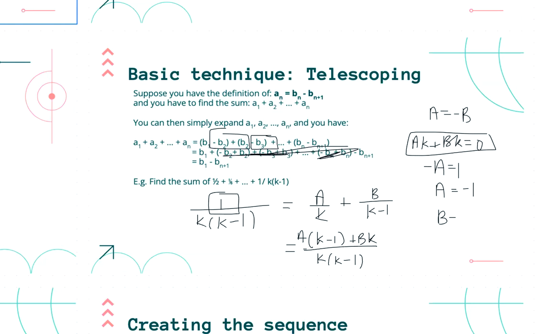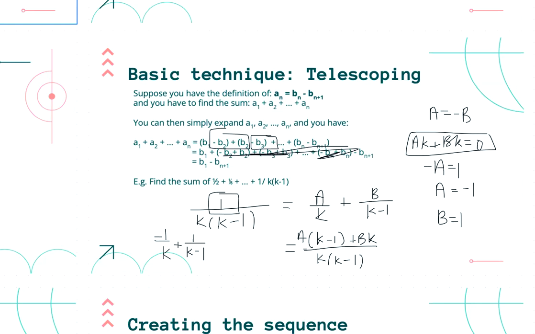So now when we split this into partial fractions, we actually get negative 1 over k plus 1 over k minus 1. So this is what we get when we split it up into partial fractions.